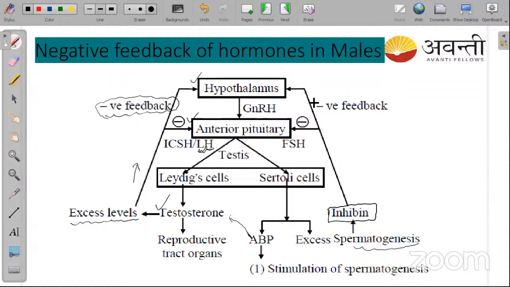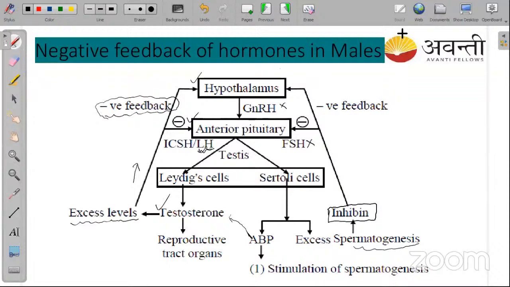This inhibin sends a message toward the hypothalamus as well as the anterior pituitary, and the hypothalamus stops releasing GnRH, and again it stops the FSH. Due to this stoppage of FSH, it does not develop ABP. So this is the function of inhibin.